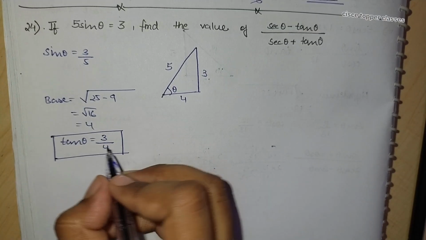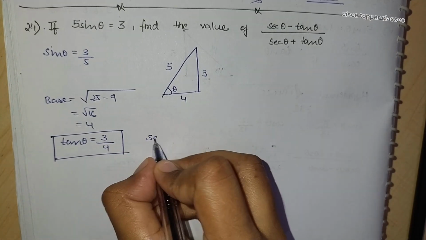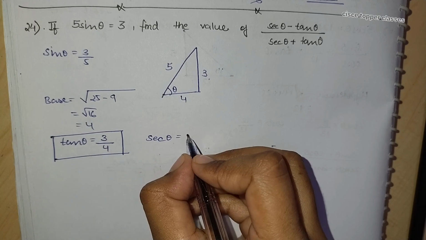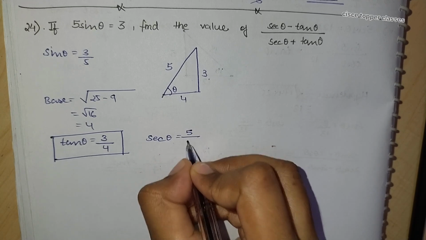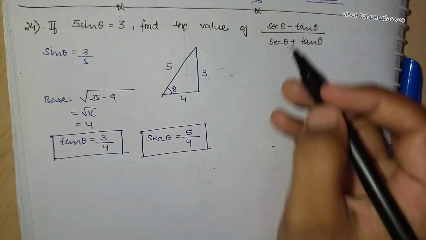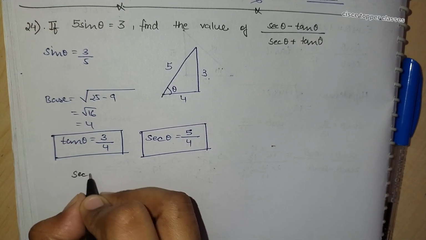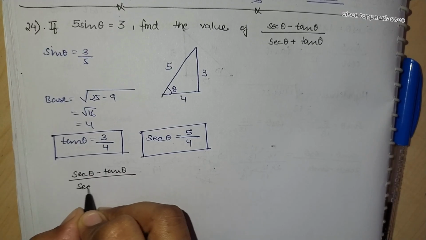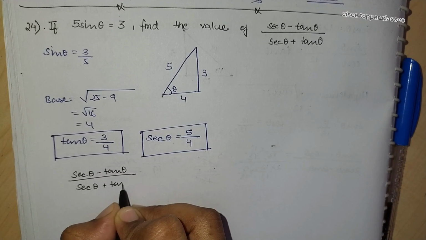And from that we will put the values. Sec theta we will also find here. Sec theta we know is hypotenuse by base. So hypotenuse is 5, base is 4, so this is the value of sec theta. We will put it in the calculation part, which we have to find here. So this is sec theta minus tan theta divided by sec theta plus tan theta.